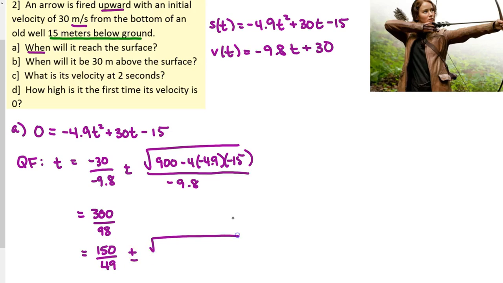And then let's find our discriminant. So we have 900 minus 4 times negative 4.9 times negative 15. We'll be real careful with our negatives there. So we get 606 for the discriminant. Now let's think about this for a minute.